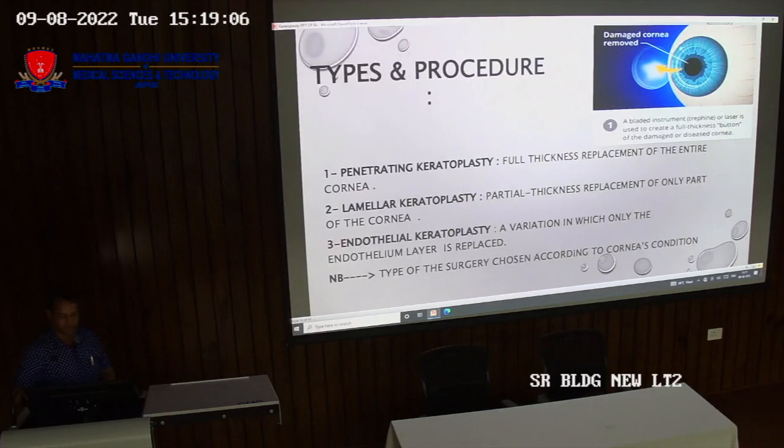In lamellar, it is partial thickness replacement, only part of the cornea is replaced. And the third one is endothelial, which is part of lamellar, a variation in which only the endothelium layer is replaced. Which type of keratoplasty we do depends on the type of the disease or involvement of the layers of the cornea of the host.